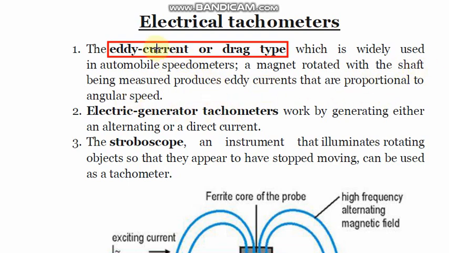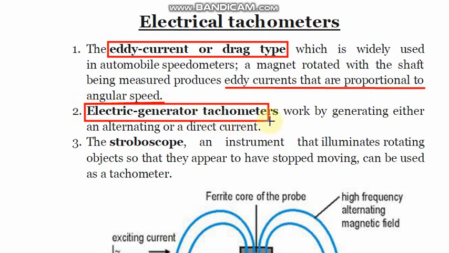Now the next is the electric generator type tachometer, which works by generating either AC current or DC current. So this is the second type of electrical tachometer.